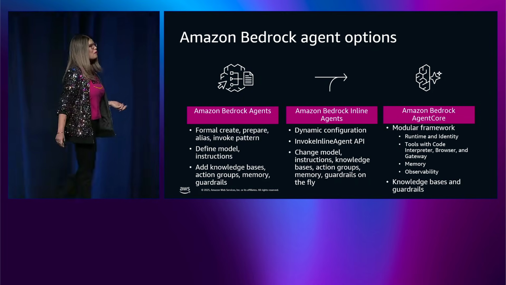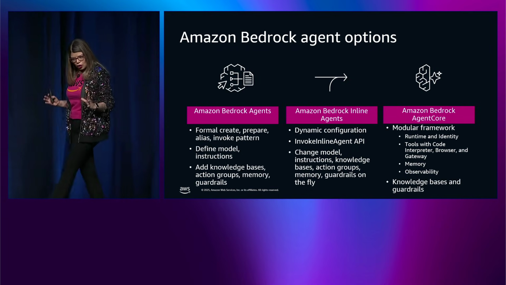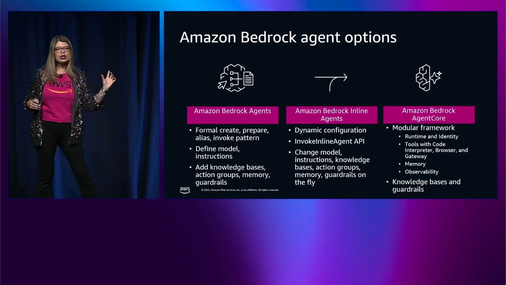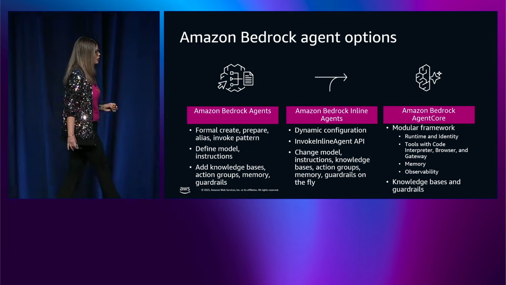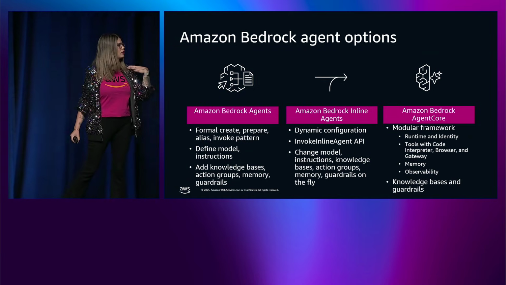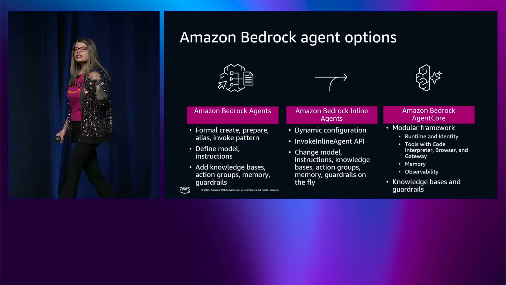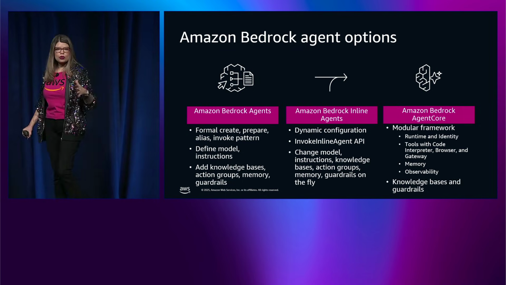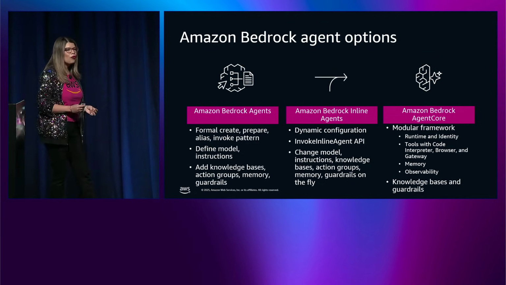And also the Bedrock AgentCore. The AgentCore will provide you a modular ecosystem where you can think about the execution environment separately from the memory, which is separate from the gateway that is going to route the requisitions, which is also separate from the control of the identities.